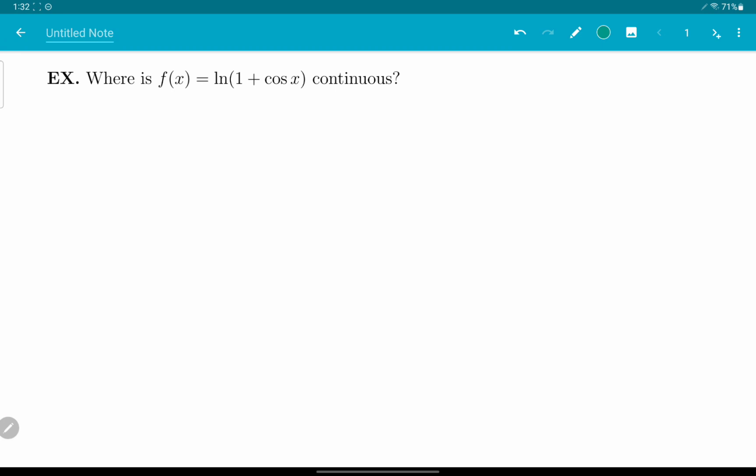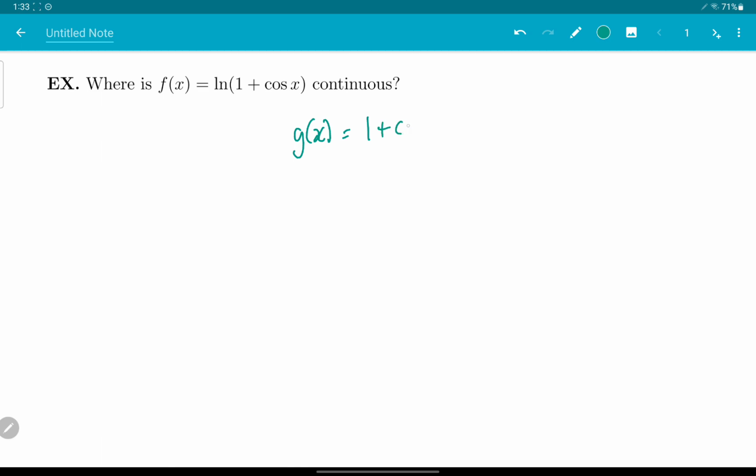Okay, so here we have ln of 1 plus cos x. So this will be our g, the inside function. So let's look at that guy first. g of x is 1 plus cos x. And where is that continuous? Well, that's a pretty basic trig function, a pretty basic wave function.